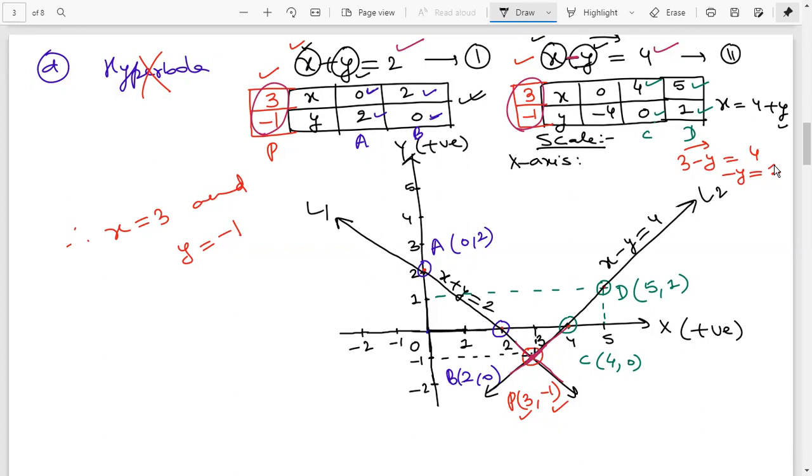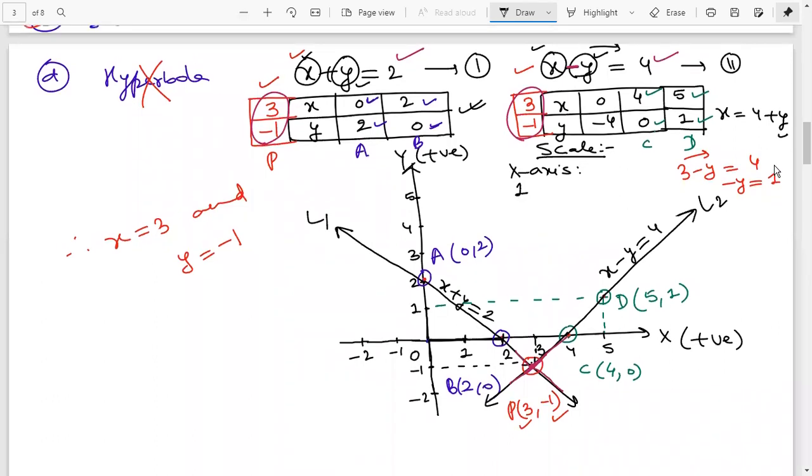This is 1 centimeter, again this is 1 centimeter. On graph paper, one box represents 1 centimeter in length and 1 centimeter in height, means 1 centimeter on the x-axis, 1 centimeter on the y-axis. So we can write 1 centimeter equal to 1 unit simply, and that is sufficient.